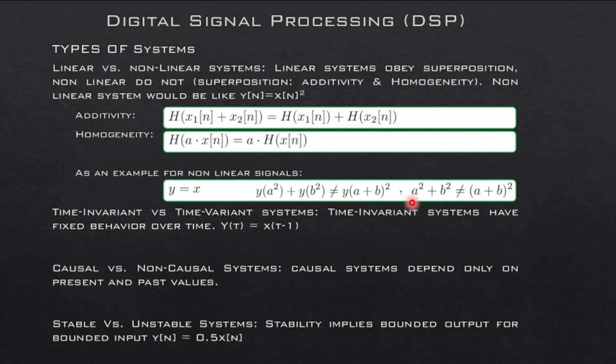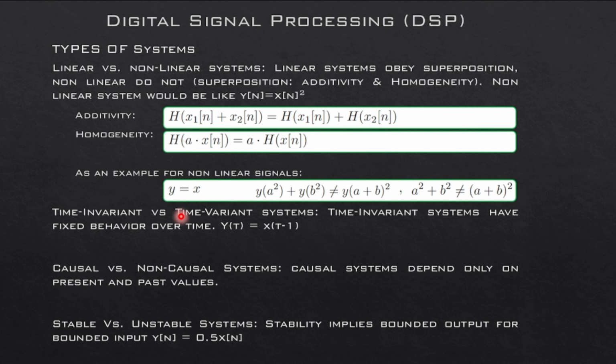Here you have a squared plus b squared; here, a plus b squared gives you a squared plus b squared plus 2 times a times b.